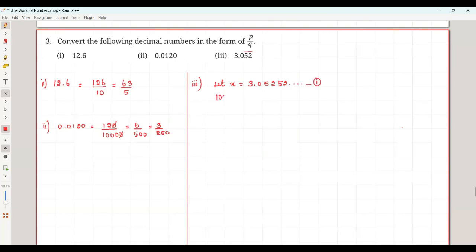Multiply 100 into x is equal to 100 into 3.05252... If you multiply by 100, the decimal will move towards the right side 2 places.